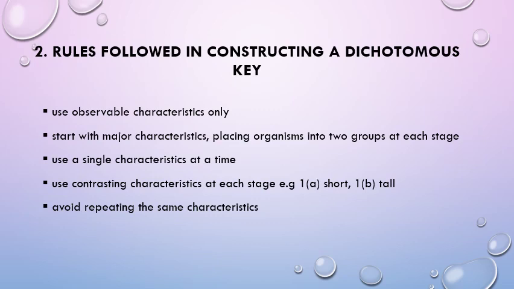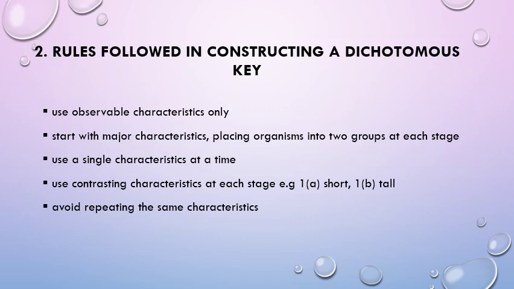The second step in the construction of a dichotomous key is the rules which should be followed. Use observable characteristics only, meaning characters which you can see with your eye. Second, start with major characteristics, placing organisms into two groups at each stage. Like if you are going to make a dichotomous key for kingdom Animalia, then first of all you will make two couplets after writing kingdom Animalia, that is vertebrates or invertebrates.